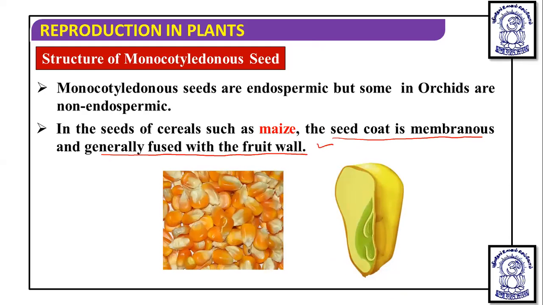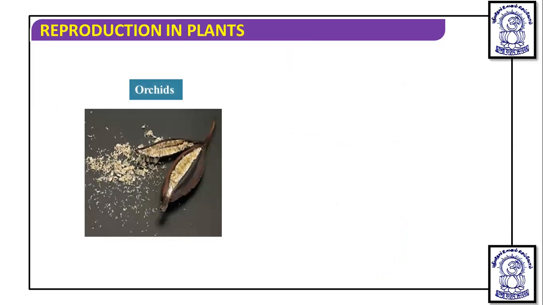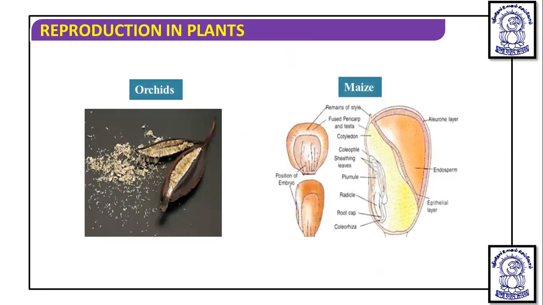So you can see this is not showing only a seed, but the pericarp is also fused here. And this is the diagram of the internal structure of the monocot seed that we are going to discuss. So these are the orchids. This is the maize.